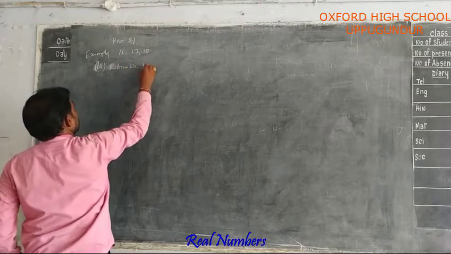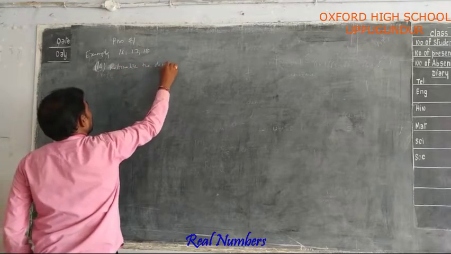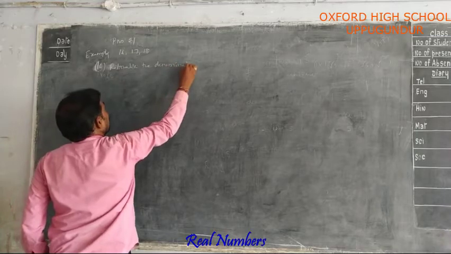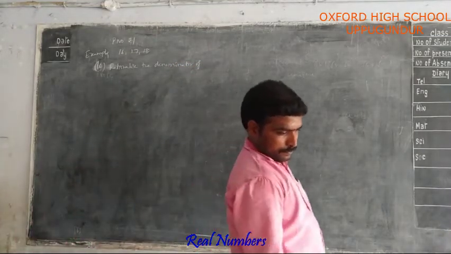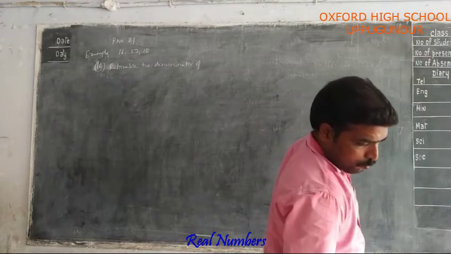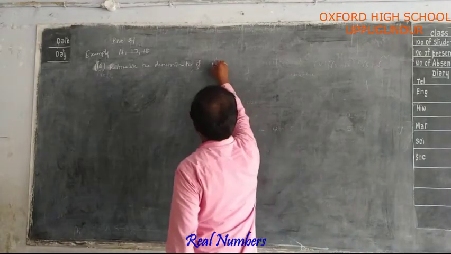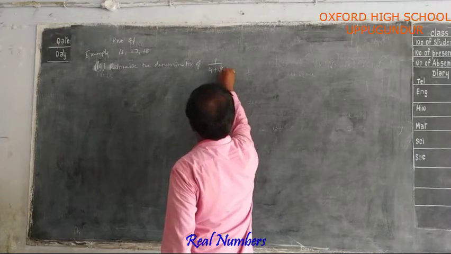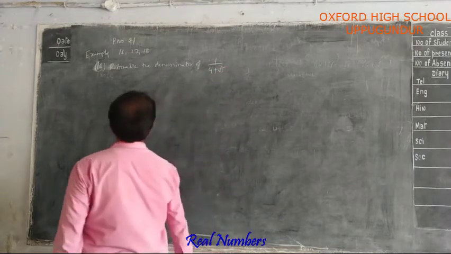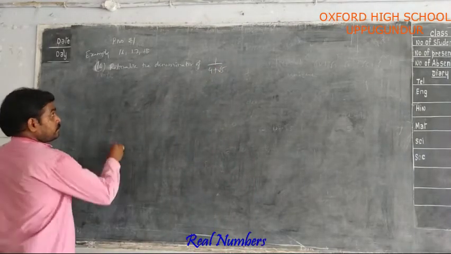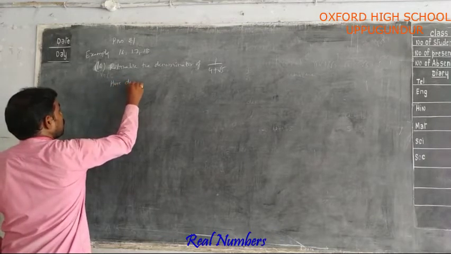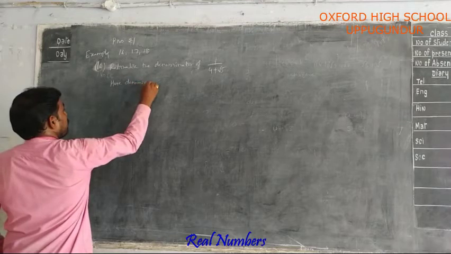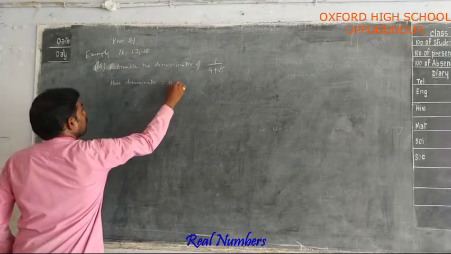Rationalize the denominator of 1 by 4 plus root 5. Here the denominator is 4 plus root 5.